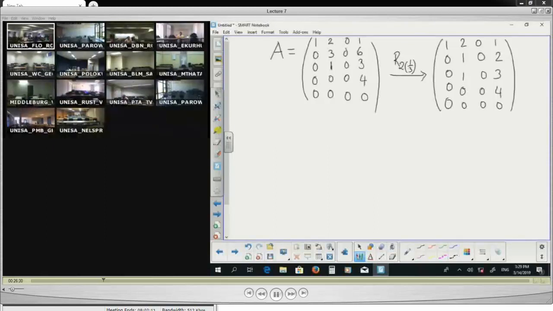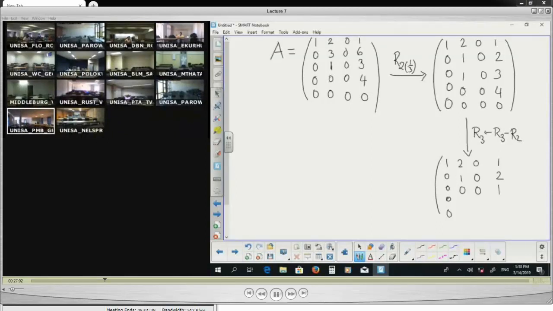So, we replace R3 by... Is it still in echelon form?